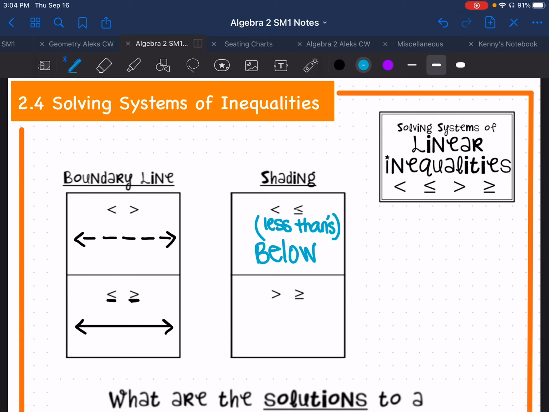But I'm going to show you another trick as well in case you're not quite sure if you should shade that portion of the graph or not, okay? When your symbols are greater than, the greater thans, either greater than or equal to, we're going to go ahead and shade above our line. And once again, your intuition is going to be your best friend.